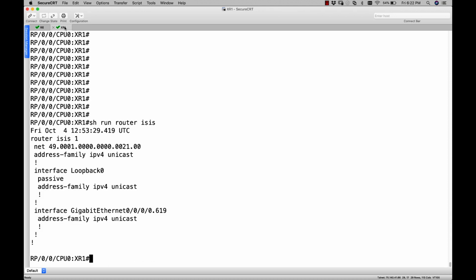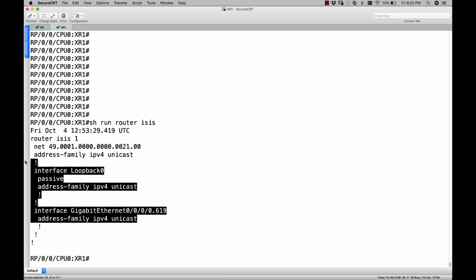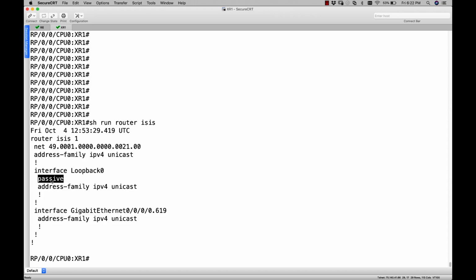Again, XR1 has also been configured to be in the same area with a unique system ID. And I have activated ISIS on its loopback and on the Gig 0/0/0/0.619. In fact, the loopback does not have ISIS activated because it has the passive command. So ISIS is not activated. However, the loopback would still be advertised because we have the passive interface command.